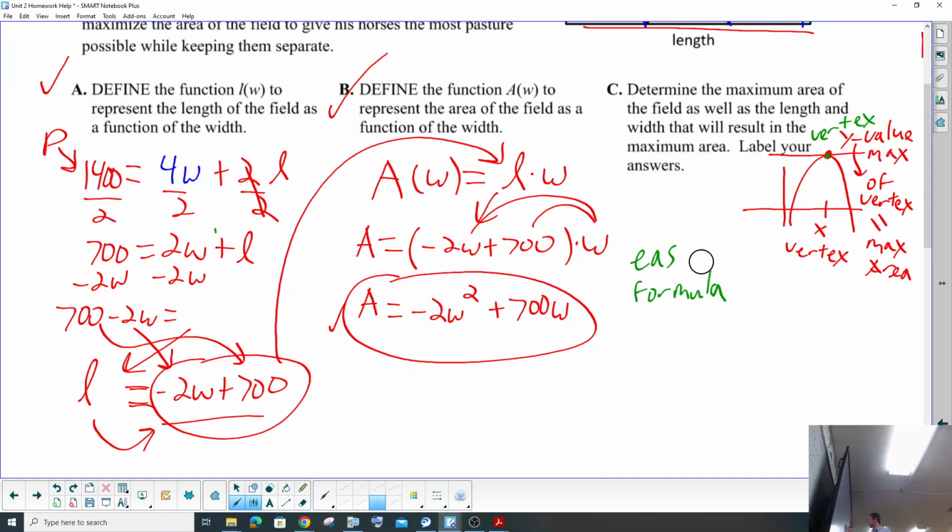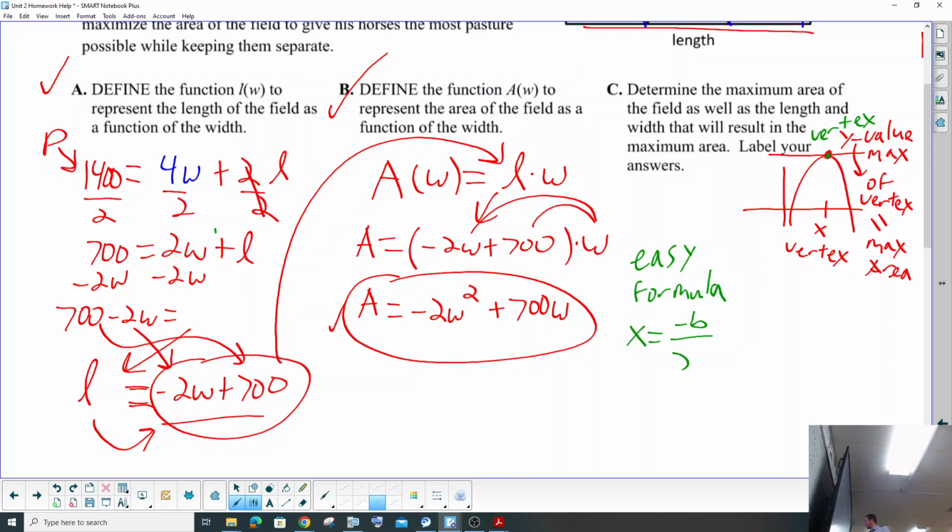So to do our easy formula, it's kind of like the quadratic formula. Do you remember the quadratic formula? x equals negative b plus or minus the square root, all over 2a.